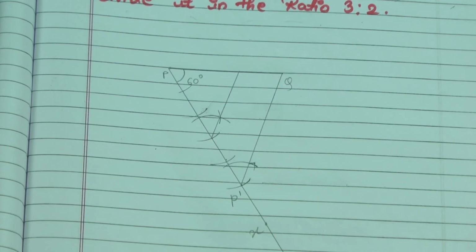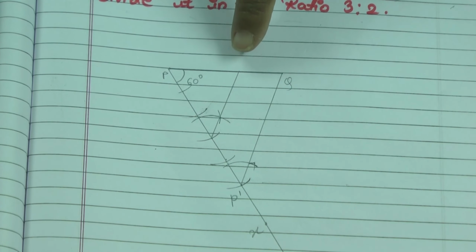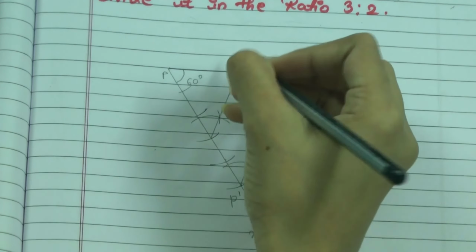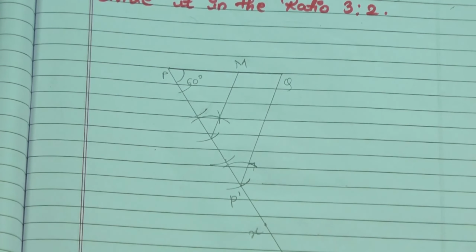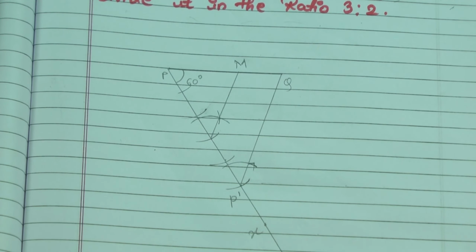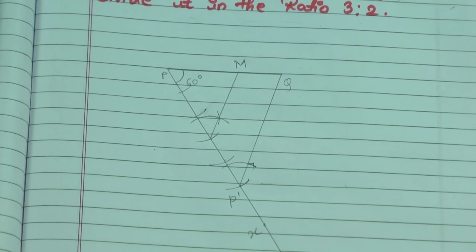Yes. Now this part PM and MQ. PM is having 3 parts of PQ and MQ is having 2 parts of PQ. That means PQ is divided into 3:2 ratio.